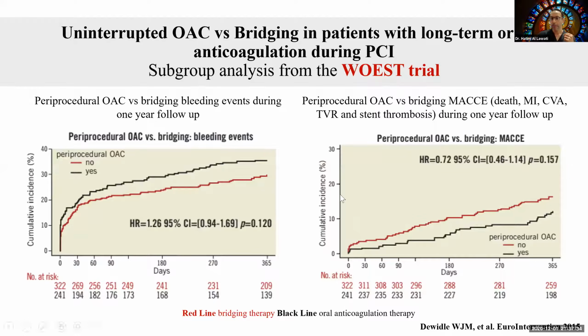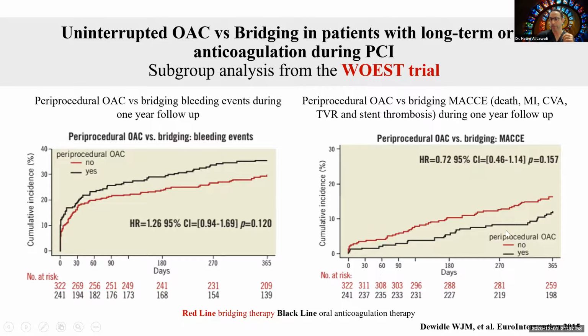And the outcomes were very similar. Well, actually, not similar. It's similar in the sense that peri-procedural oral anticoagulation did not result in an increase in major adverse cardiovascular events, specifically death, MI, stroke, target vessel revascularization, and stent thrombosis.